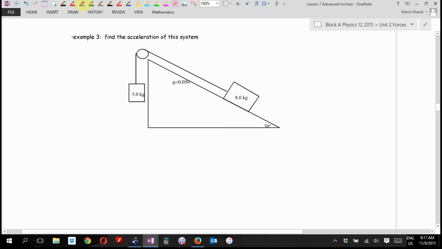Okay? Let's label our forces. M1G, tension. M2G perpendicular, sorry, and then M2G parallel.